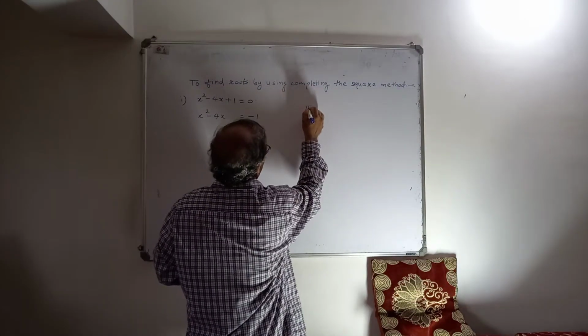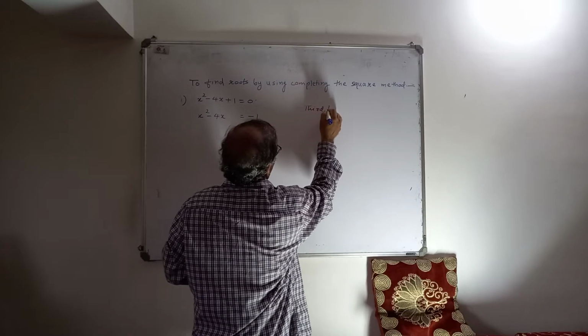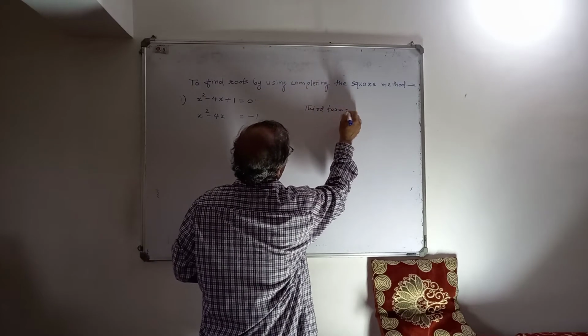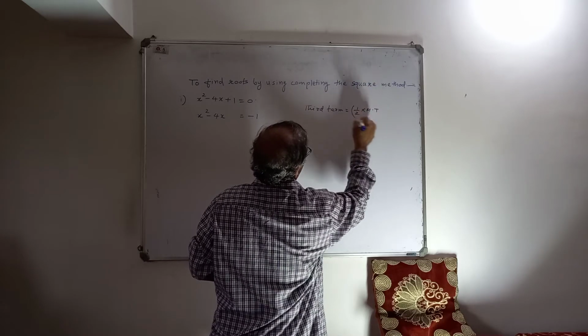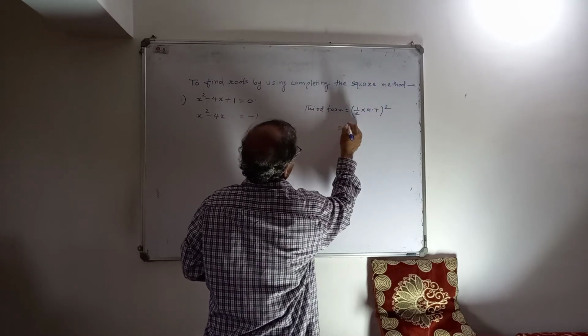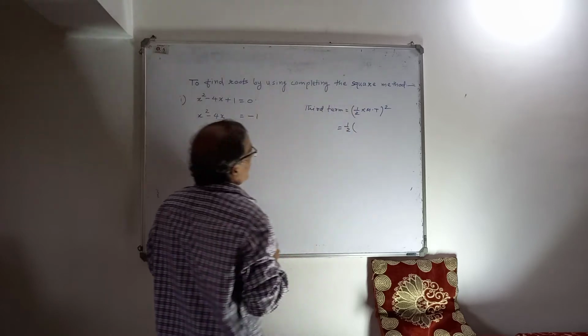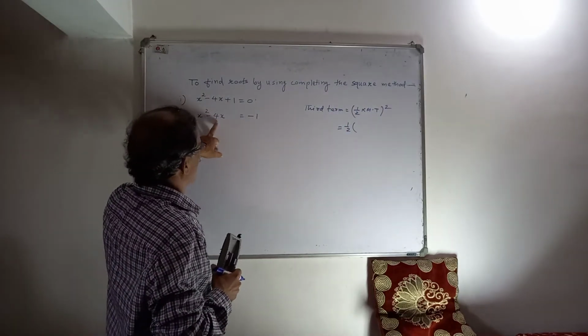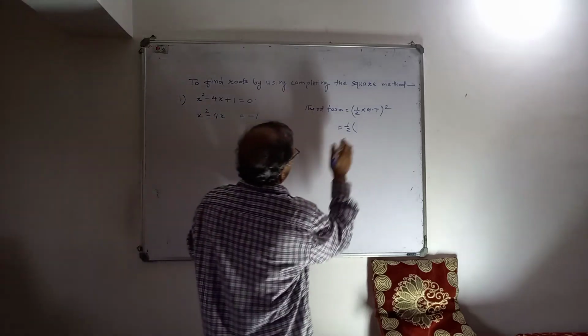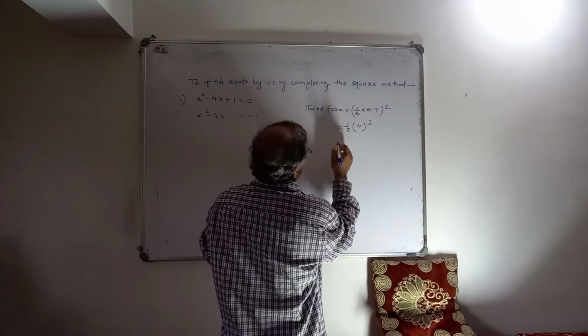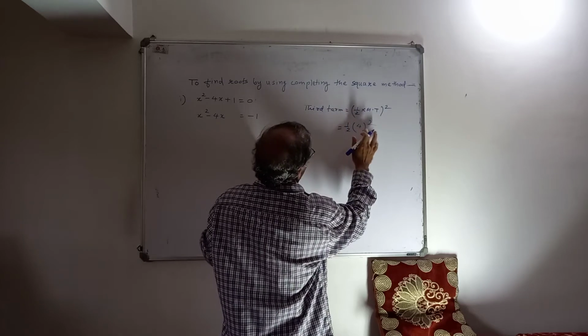For that, there is one formula. Third term is equal to half into middle term whole square. Half into middle term means half into the coefficient of x. You are not supposed to consider the sign. So half into 4, whole square.